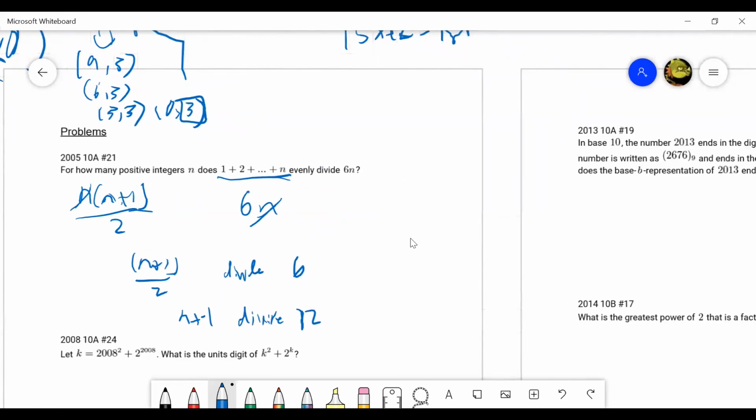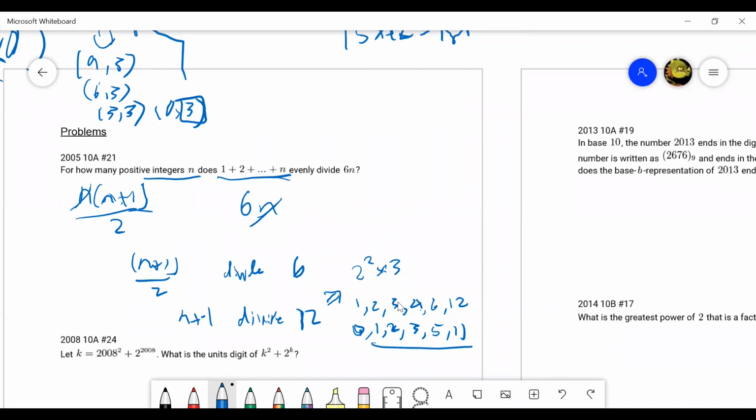All right, and now all I have to do is factor 12. So 12 is 2 squared times 3. So its factors are 1, 2, 3, 4, 6, and 12. And now you can just subtract 1 to get all the possible values of n. However, since it says positive integers n, 0 does not work since it's not positive.